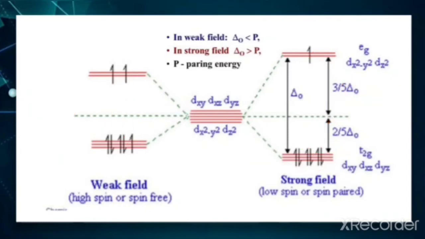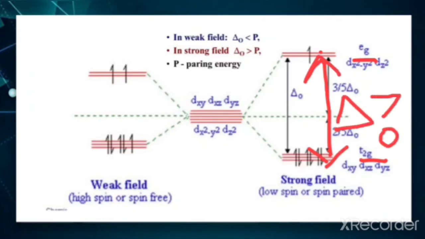So what we can compare from these two is that when there is a strong field ligand, there will be a greater energy difference between the two sets, that is the T2g and eg sets of orbitals. There is a greater energy difference because delta 0 is greater here. But if the ligands are weak field ligands, in that case this splitting is lesser.